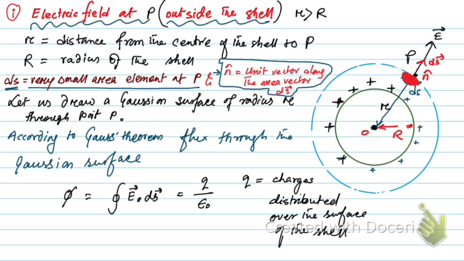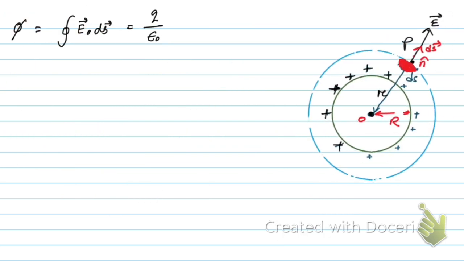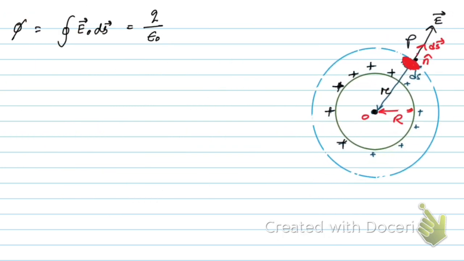Just wait, this is the diagram. So here is the diagram. Okay, right? So now you see here, this E dot ds is going to be E ds cos theta, and here theta is the angle between n cap and this electric field.